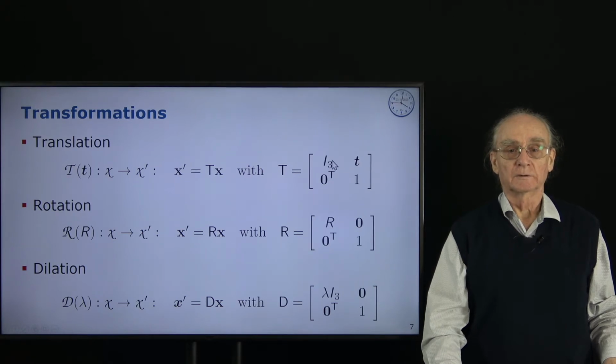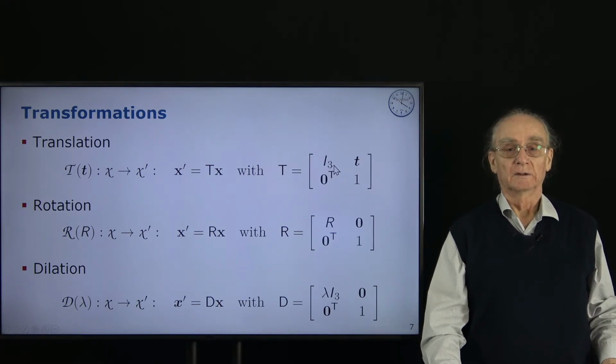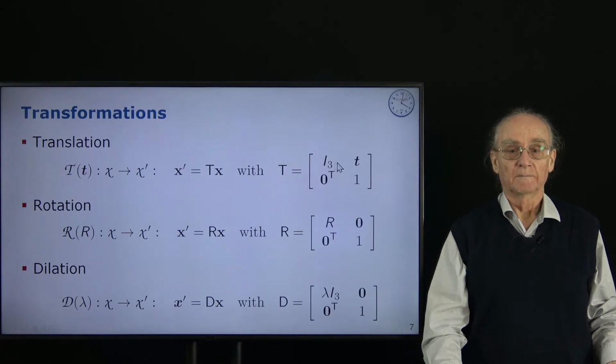So instead of a unit matrix of size 2, we have here a unit matrix of size 3. Here a rotation matrix 3 by 3. Here a unit matrix 3 by 3. And so you see these are exactly the same equations as before, except that they have a 3 by 3 upper left block.